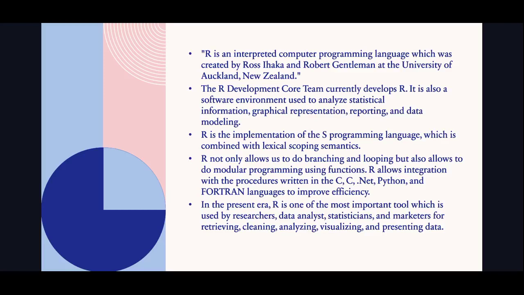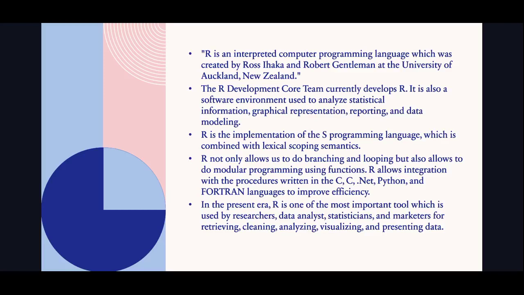But due to its huge popularity, now R has enough provisions to implement machine learning and deep learning algorithms in a fast and efficient manner. The R development core team currently develops R. It is also a software environment used to analyze statistical information, graphical representation, reporting, and data modeling.